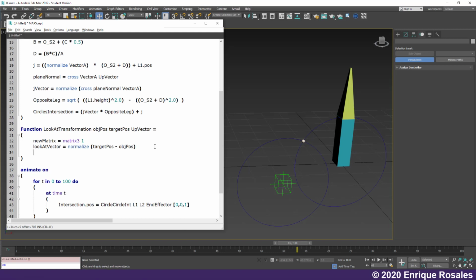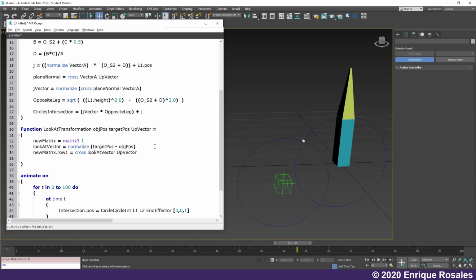And then we need to say that the first row of the new matrix, row 1, needs to be basically the cross product between the lookup vector and the up vector.